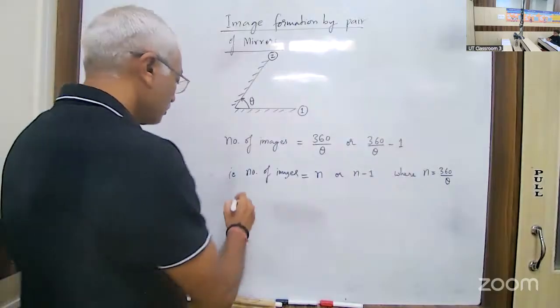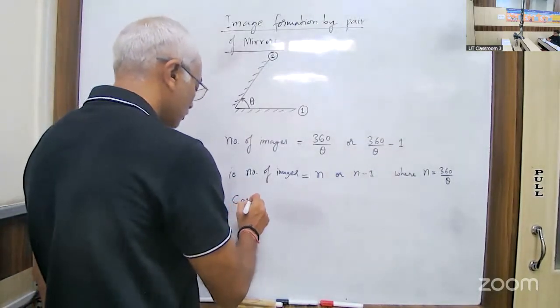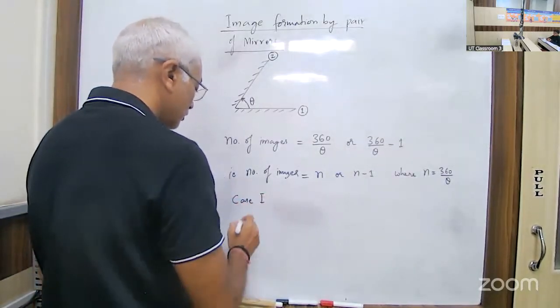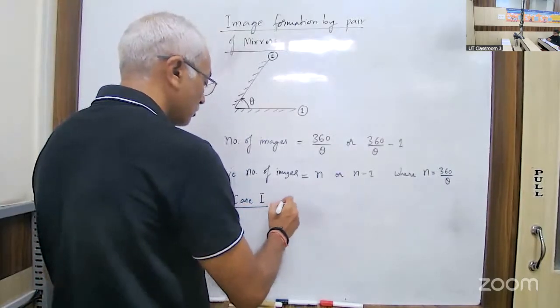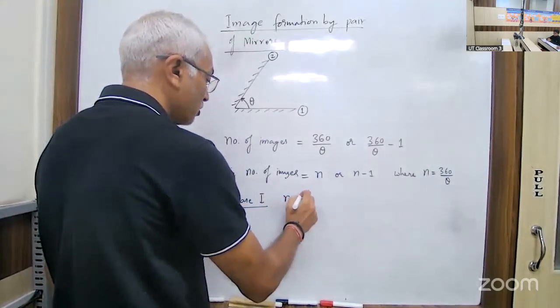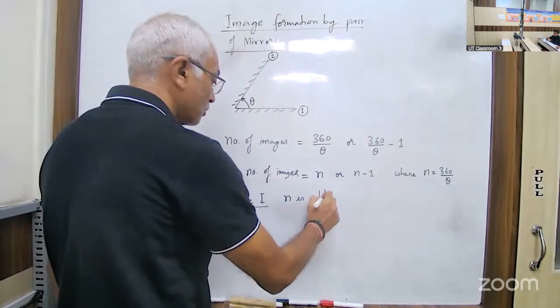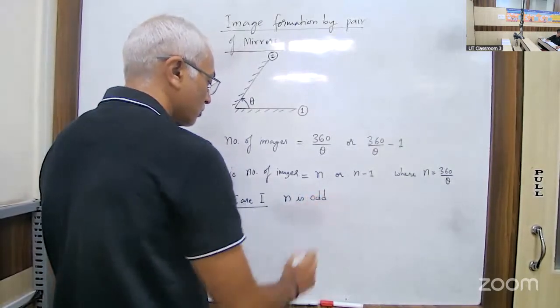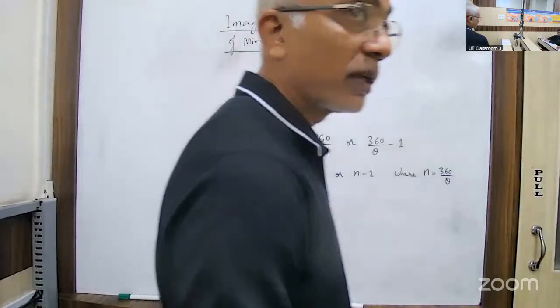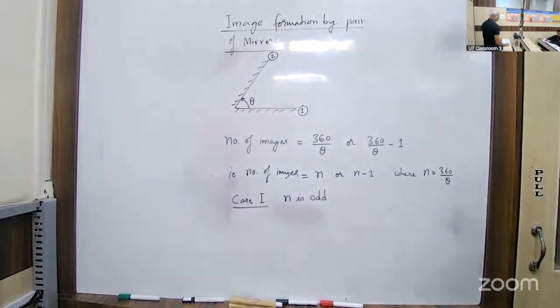So case 1. N is odd. क्या है केस 1? N is odd. Odd में और दो केस होंगे.